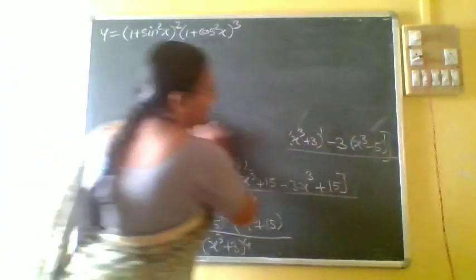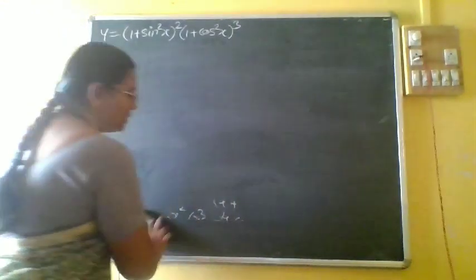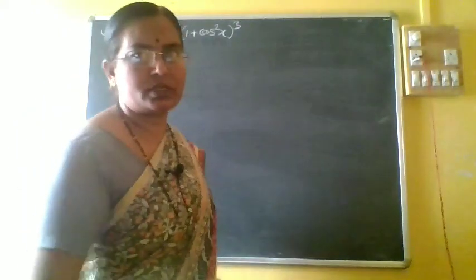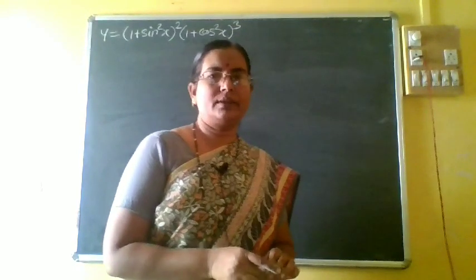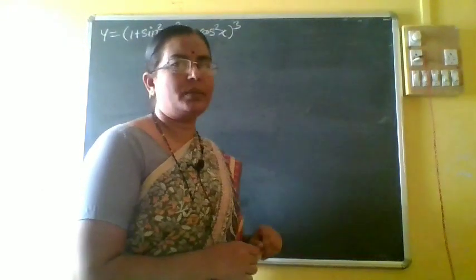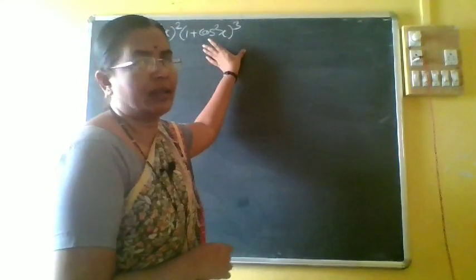For this example we have to use the product rule for the differentiation of functions, that is the u into v formula. U is the first bracket and v is the second bracket.